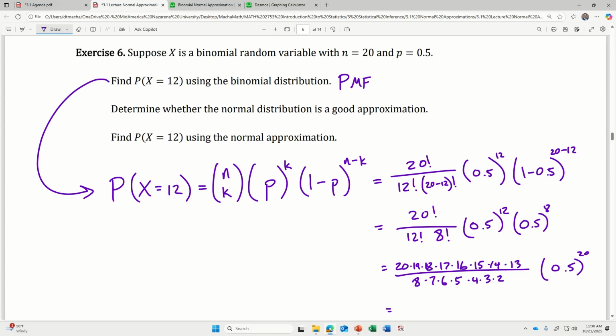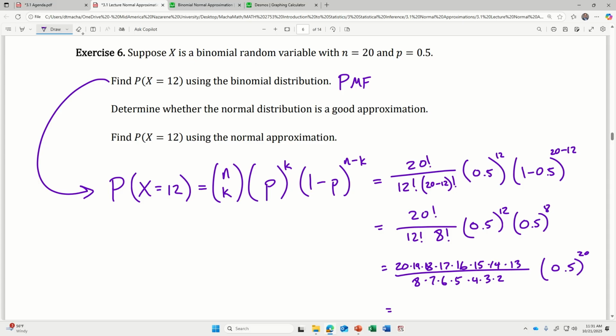I hate doing factorials. I've got to remind myself not to make such long factorial problems. So the numerator is a huge number. I'm not going to write that down because I'm just going to instead do the answer divided by 8, divided by 7, divided by 6, divided by 5, divided by 4, divided by 3, divided by 2.